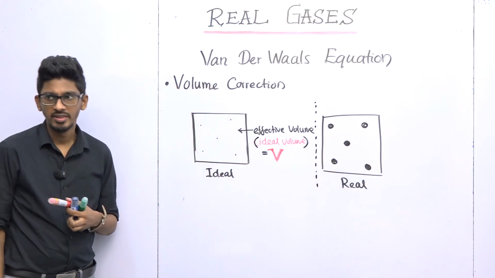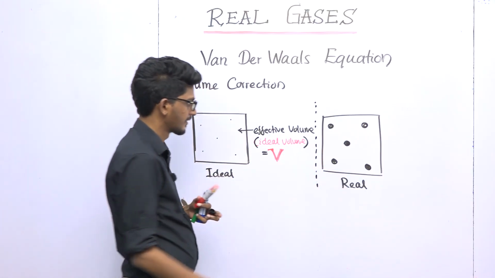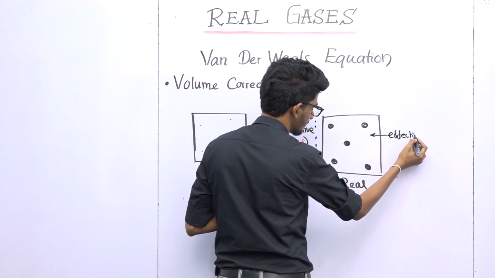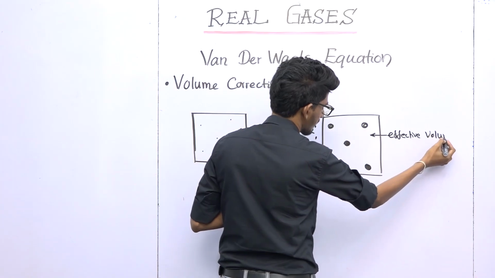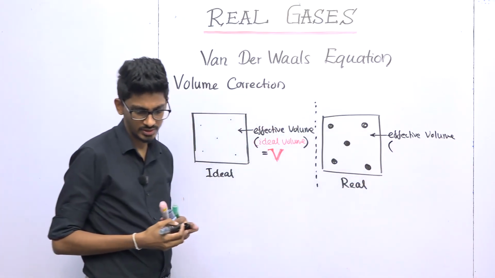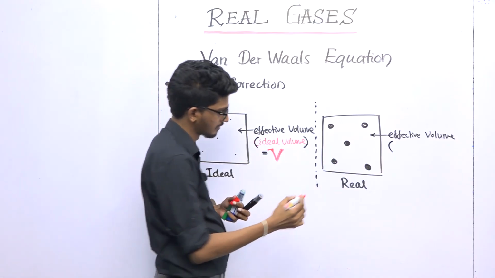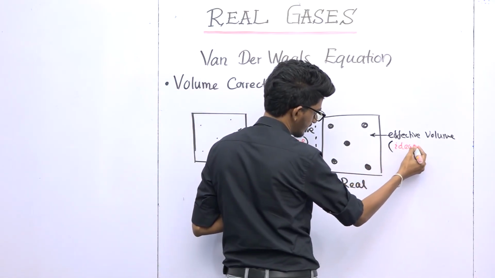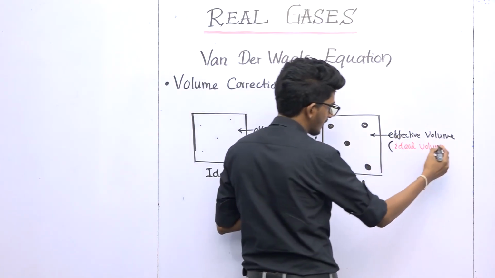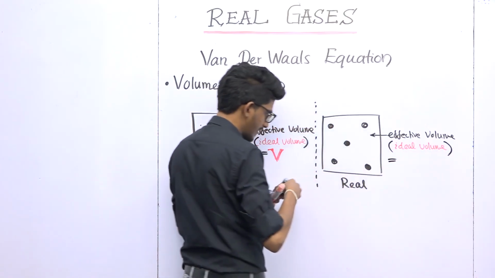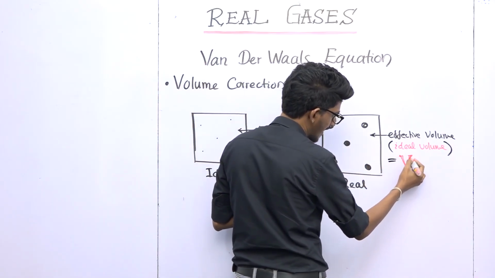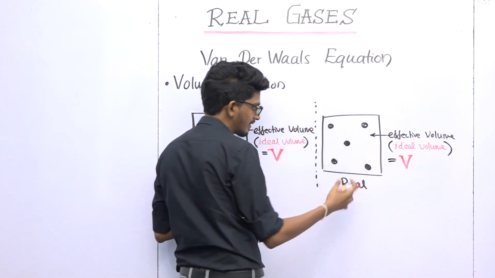But when it comes to a real gas, what about the effective volume? The volume available for real gas to move, also known as the ideal volume, is less than the volume of the container. The volume of the container is the measured volume.